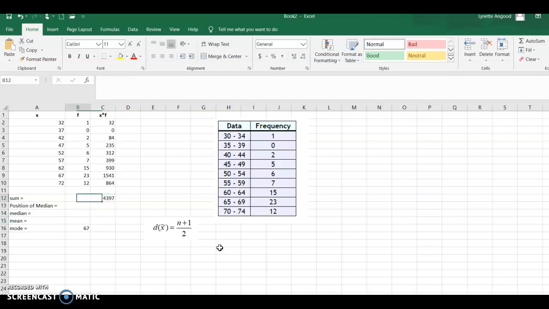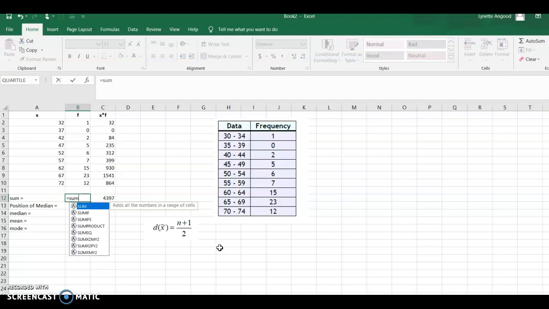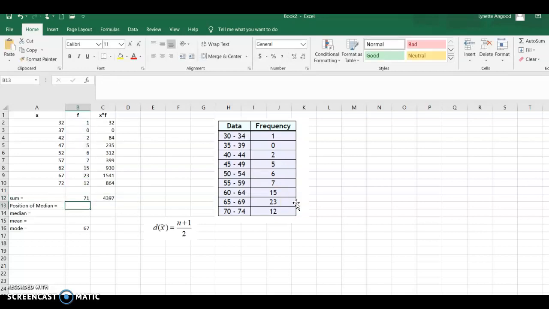So let me also get the total of all frequencies. Equals sum. This will tell me how many pieces of data are represented in my data set. And close my parentheses. I see that there were 71 data values.